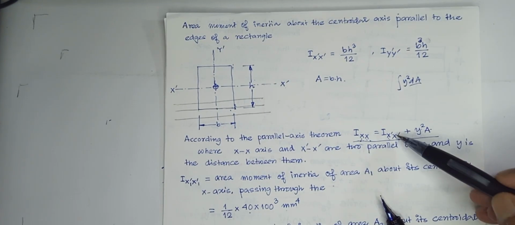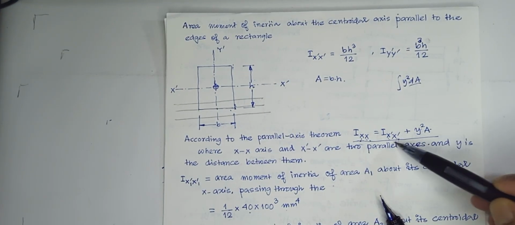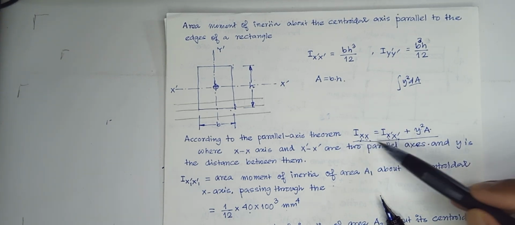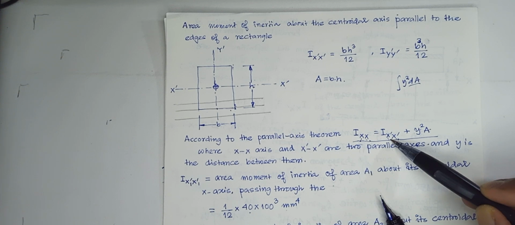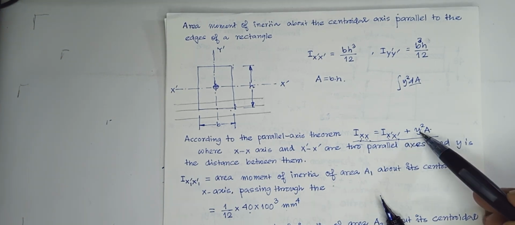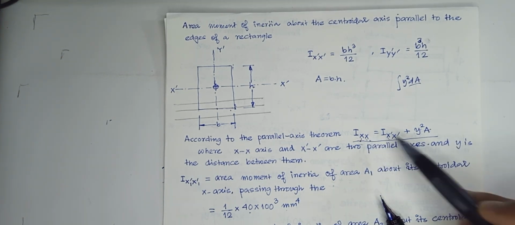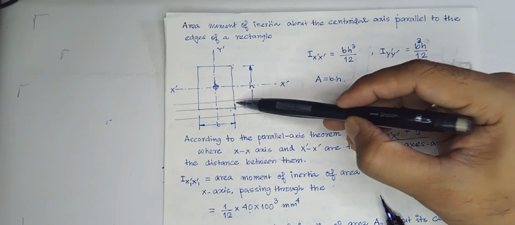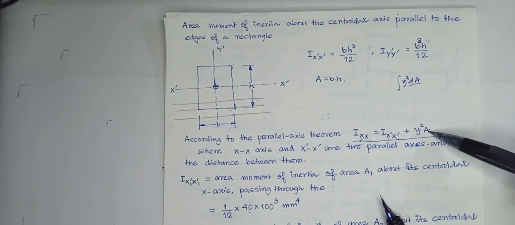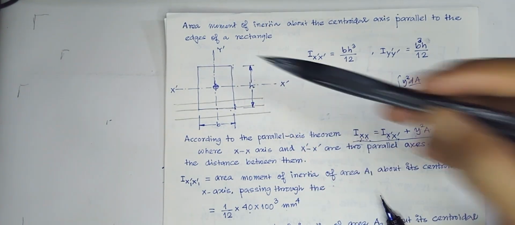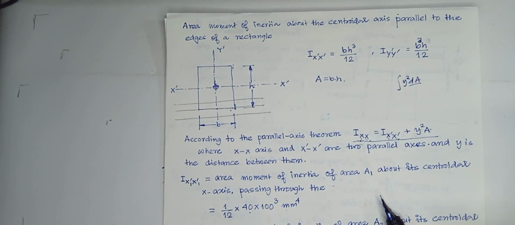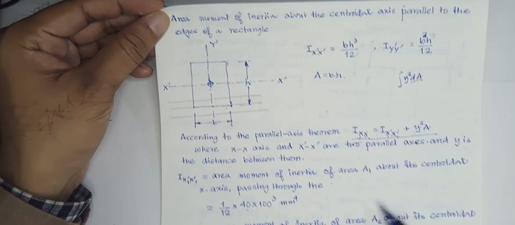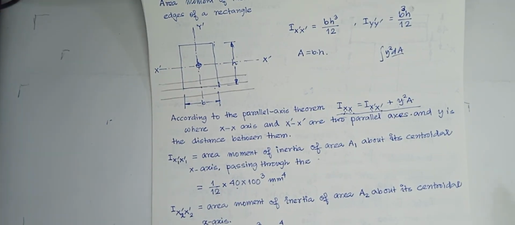So on the right hand side you have this which is passing through the centroid, and on the left hand side you have any axis which is parallel to x prime x prime. This is equal to this plus this, where y is the distance between the two axes, and area A is the area of the rectangle, or in that case the area of any geometry for that matter.